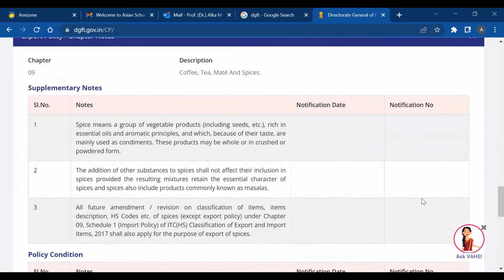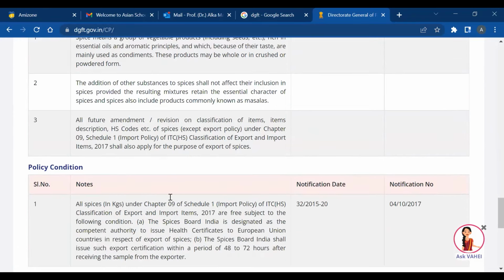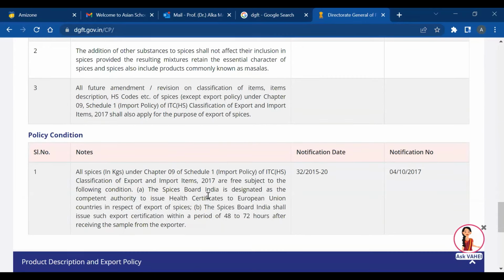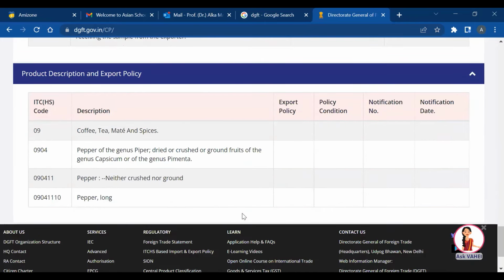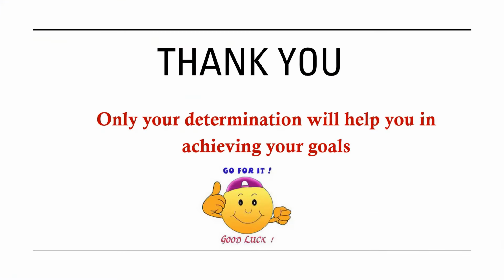And in this section, we can have information on supplementary information, which says that the Spice Board of India is designated as competent authority to issue health certificate to European countries in respect of export of spices. So this particular section has a lot of information as far as export from India and import into India is concerned.